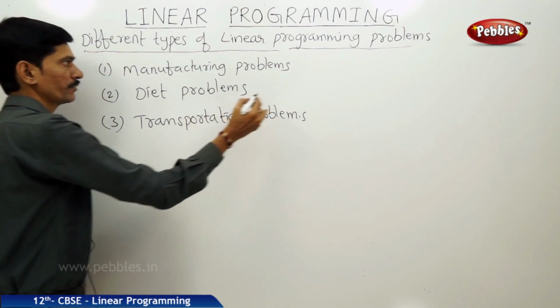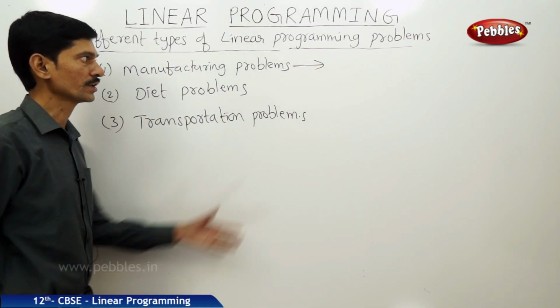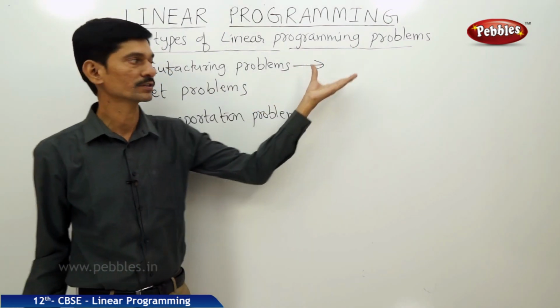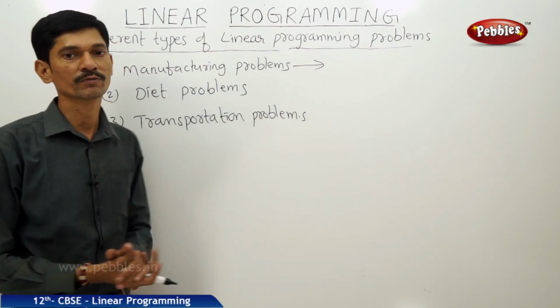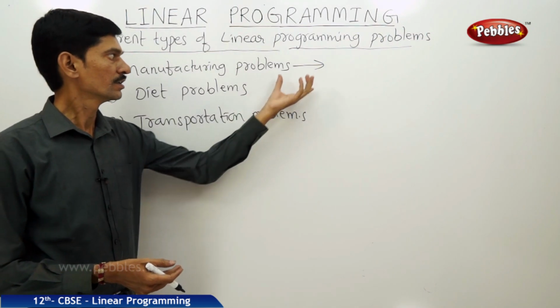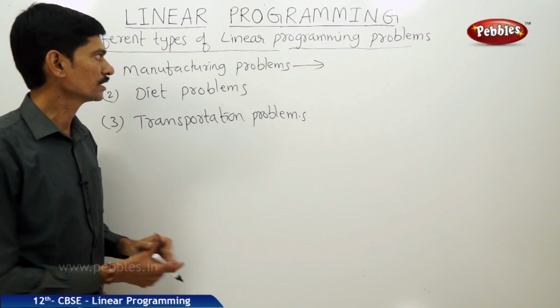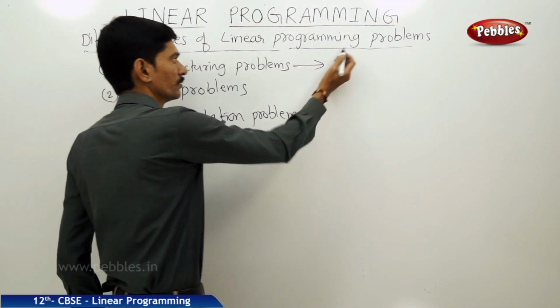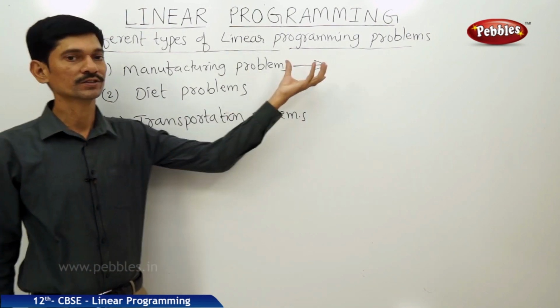In the first type, manufacturing problems, different types of items will be manufactured, so we use different types of machines and different labor work and different time availability of labors. So here we have to find the maximum profit under the different constraints.